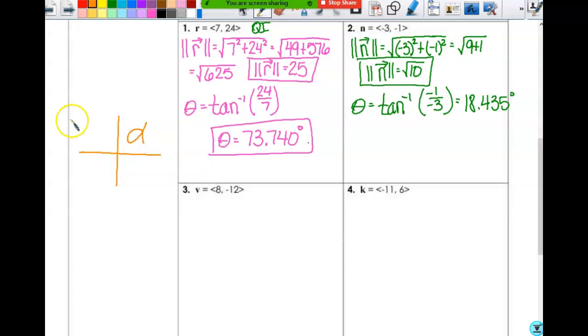So here, this would be pi minus alpha, this would be pi plus alpha, and this would be 2 pi minus alpha. Remember that? It was right before spring break, but we did it. We're talking in terms of degrees here, which means instead of pi, this would be 180 minus alpha, 180 plus alpha, and 360 minus alpha. Now, alpha is the reference angle. It's always in the first quadrant.